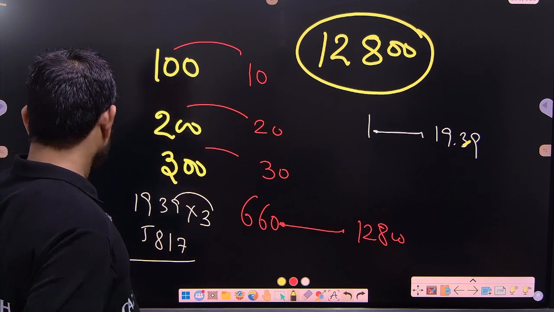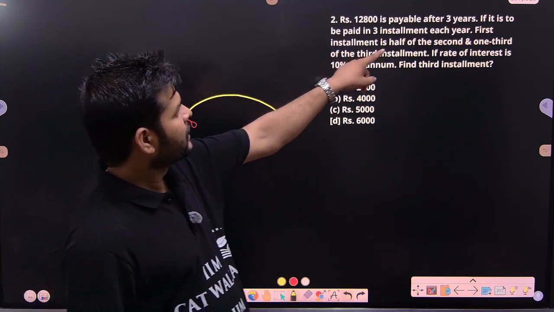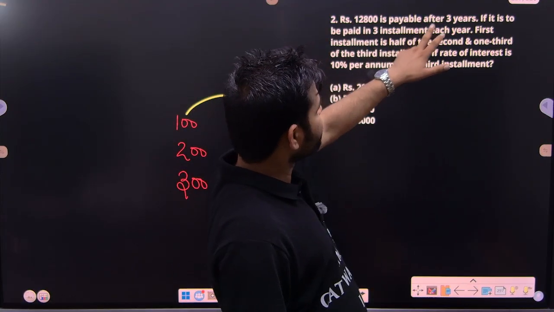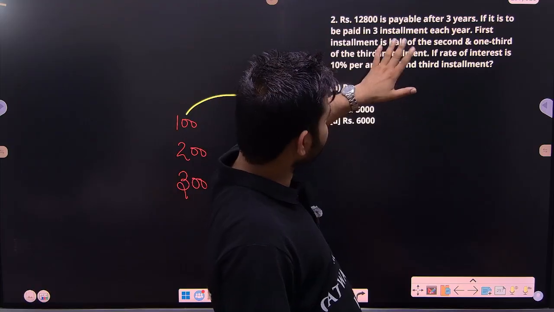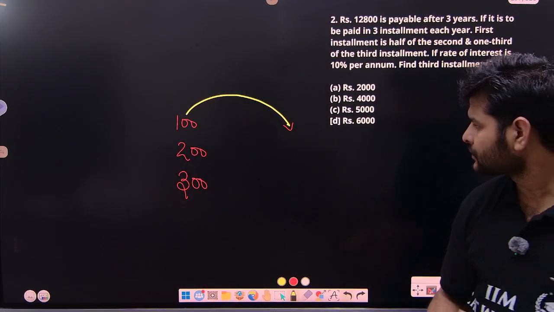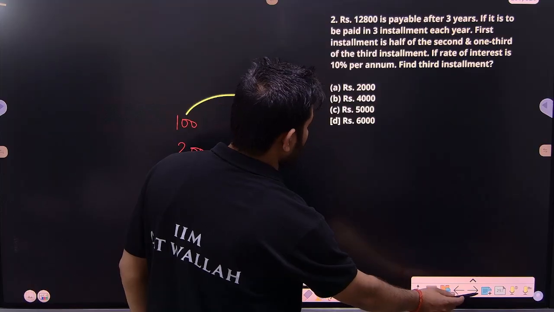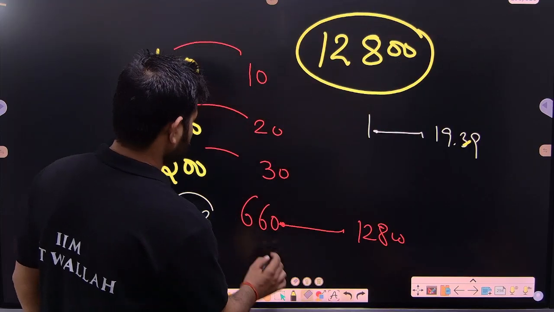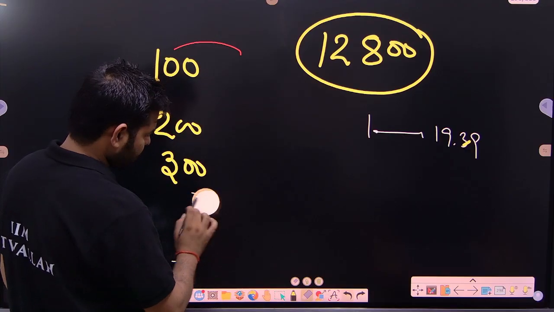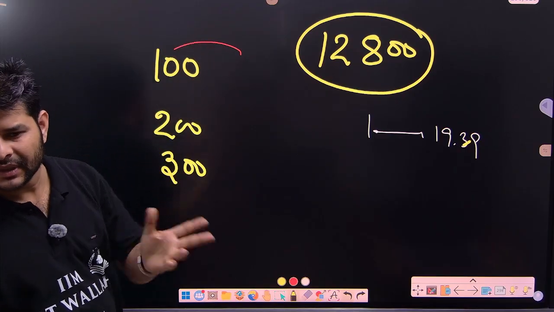Guys, you need to understand the language of the question again. From here you need to check. This amount is given in 3 years. If it is to be paid in 3 installments, so basically when he deposits the first 100 units, he will get interest on that 100 units for 2 years only.